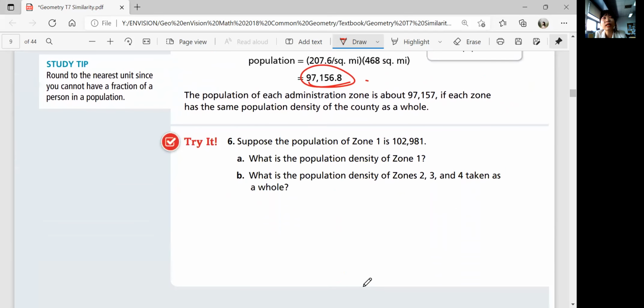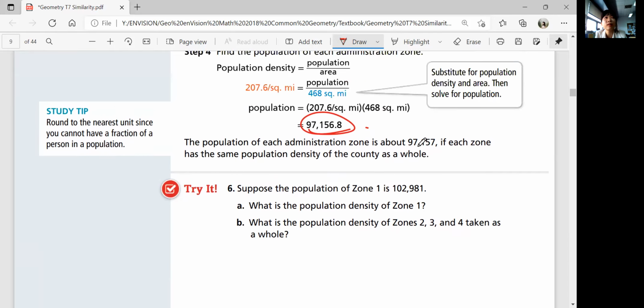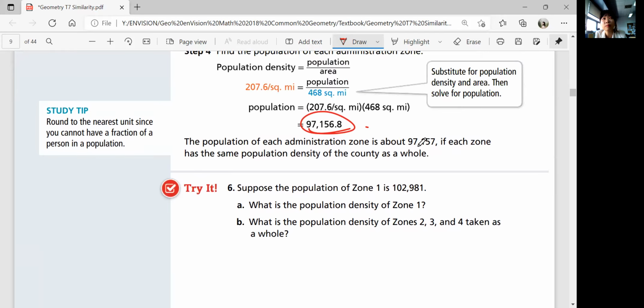All right, try number 6. Suppose the population of zone 1 is 102,981. What's the population density of zone 1? What's the population density? You divide population by area. So divide this by area, 102,981. Wait, I'm not going to write my work here. Let's do it here. 102,981 is the population.